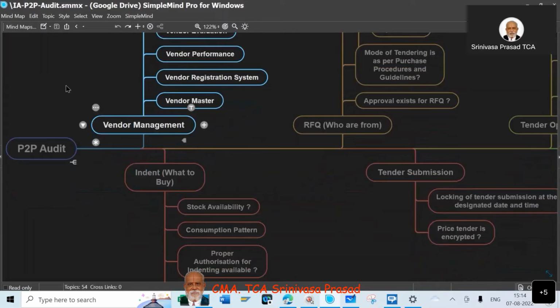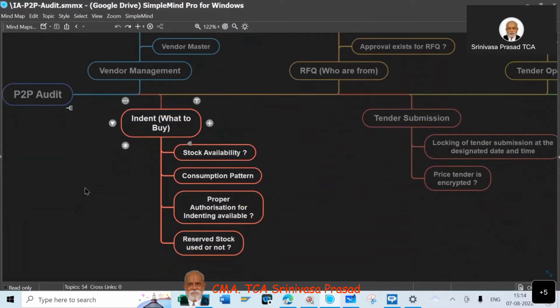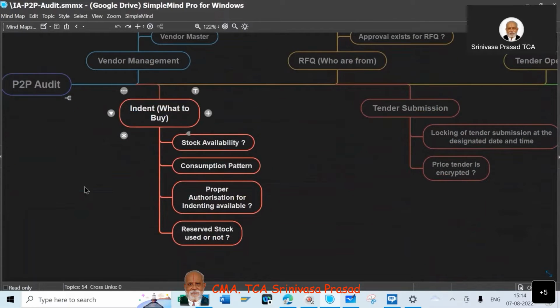And on the Indent side, we discussed there should be an Indent scrutiny group, a committee, task force, whatever we can call. They can check the stock availability and the consumption pattern. Why suddenly a particular department or shop is asking for more materials.